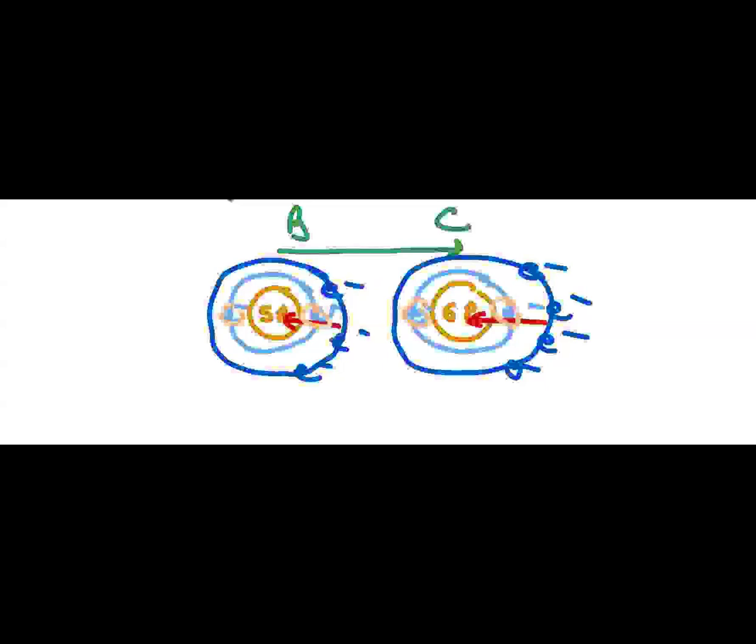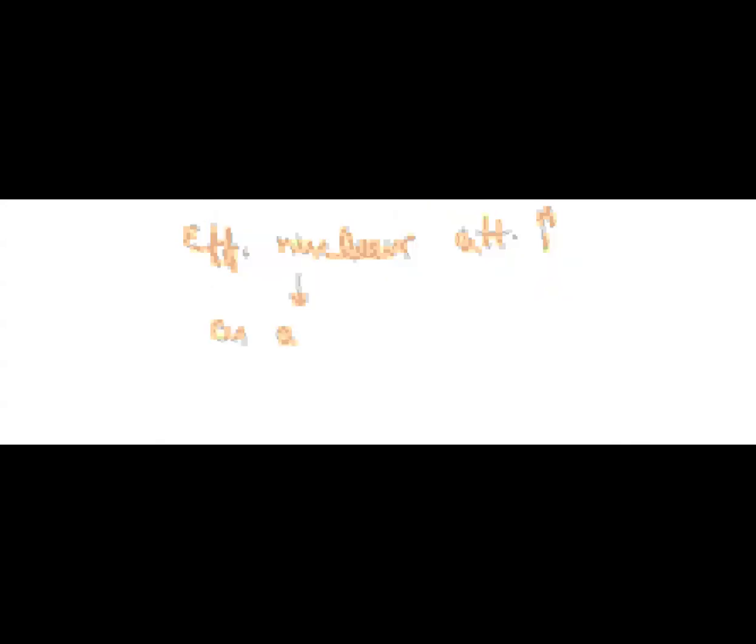So when the repulsion is the same, we can say that the effective nuclear attraction is increasing. As a result, size or radii decreases from left to right in a period.